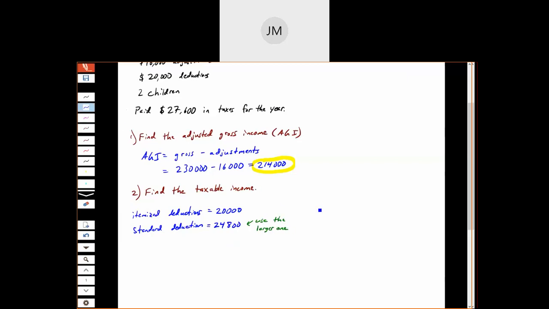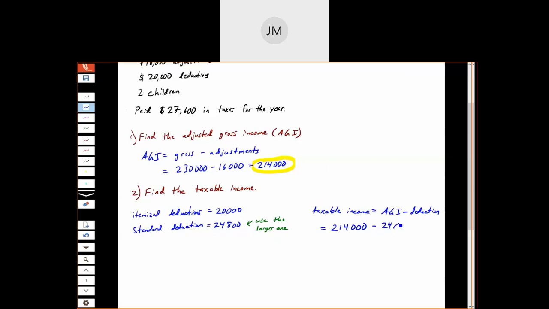Okay, so that means that our taxable income is our adjusted gross income minus the deduction. So we have $214,000, and we're going to subtract out our standard deduction.